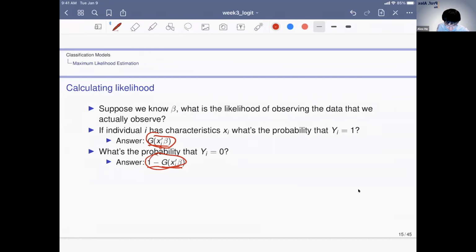And why do we want to do that? Let's say we make this calculation using some beta, and it gives us this is equal to 99%, and this equals 1%.